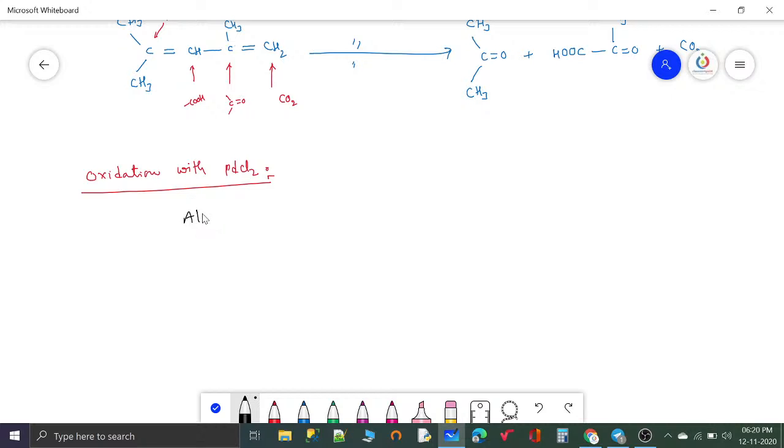You just take the alkene and subject it to palladium chloride in the presence of water at approximately 50 degrees centigrade, or else you can use palladium with CuCl2. They may give this combination or that combination, palladium with cupric chloride, any combination, and the temperature is common over here. So it converts the alkenes to carbonyl compounds.